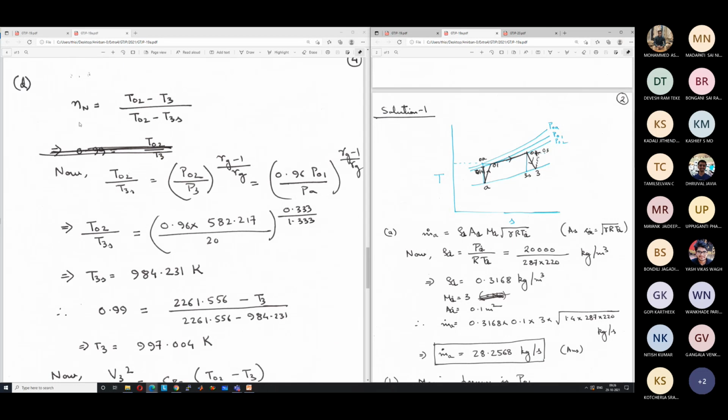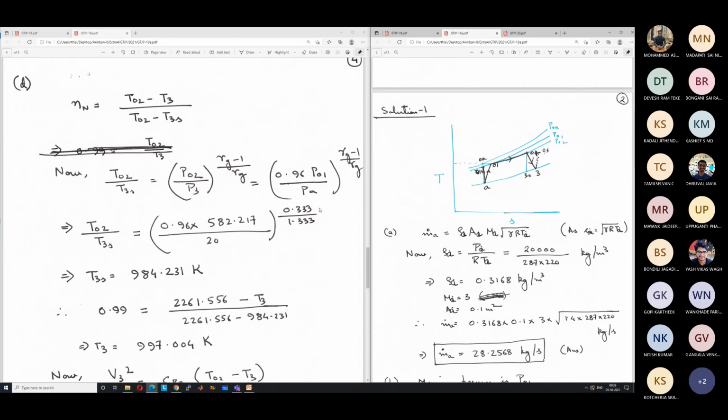Now we can use the efficiency of the nozzle. 0.99 is the efficiency of the nozzle. So 0.99 is equal to T02, which is 2261.556, minus T3, by T02 minus T3s, which is 2261.556 minus 984.231. So the only unknown is T3, and it comes out to be 997.004 Kelvin.